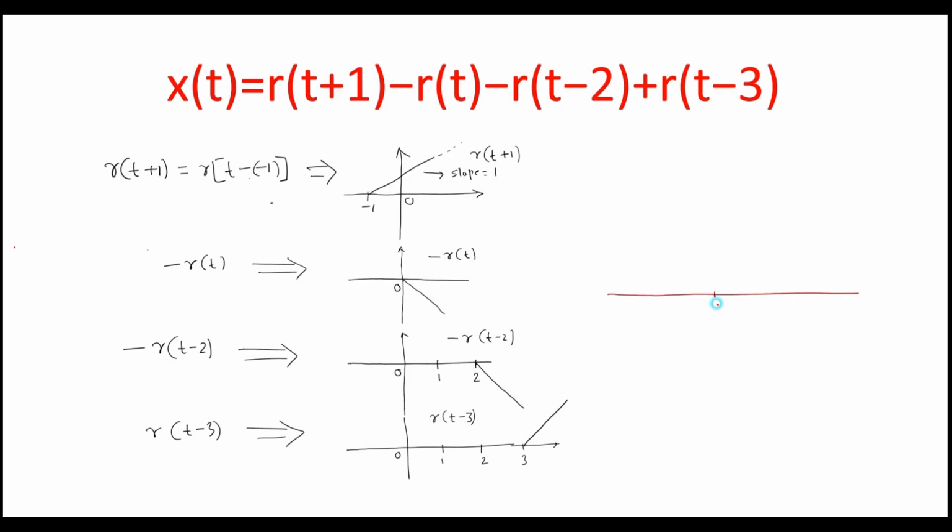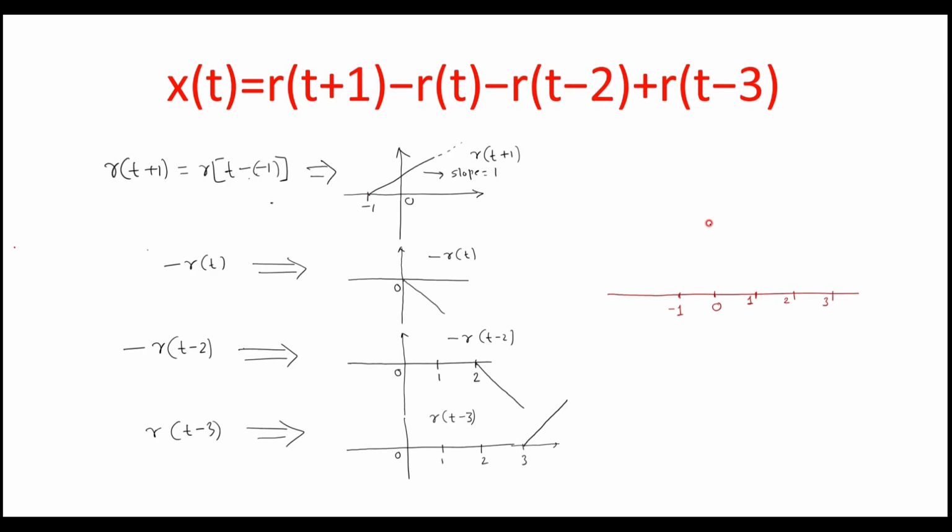Say this is origin 0. Say this is minus 1. Say this is plus 1. Say this is 2 and say this is 3. Now in the first ramp signal, the signal initiates at t equal to minus 1 and it will move till t equal to 0.